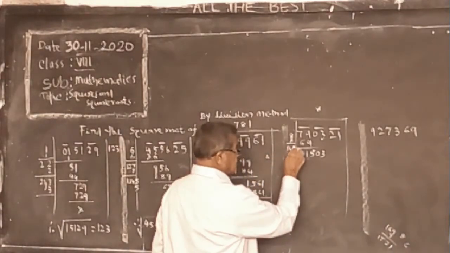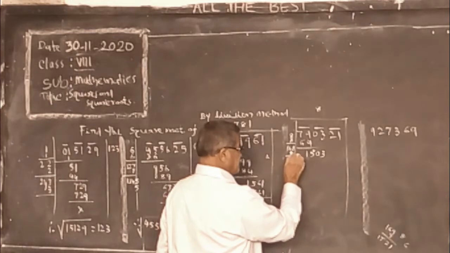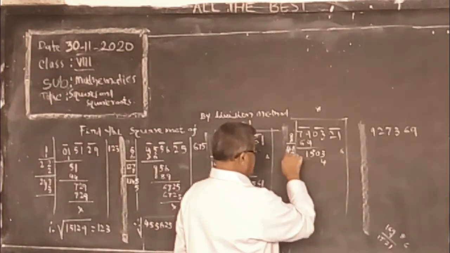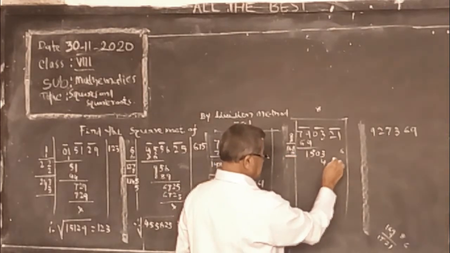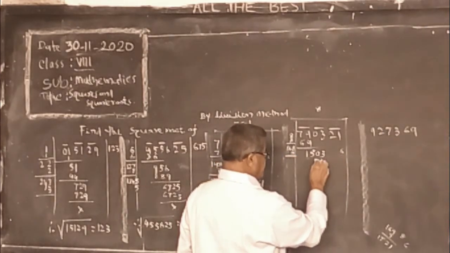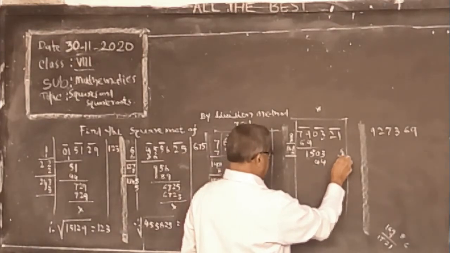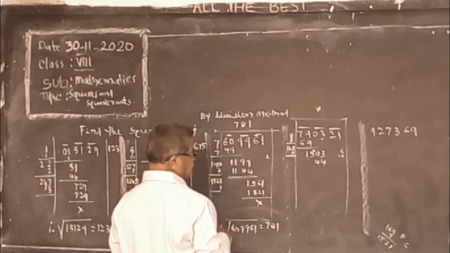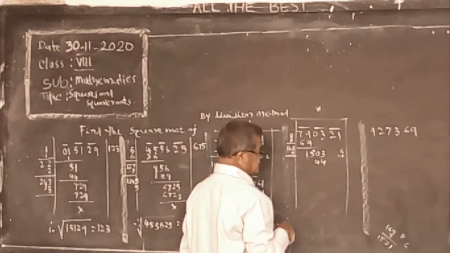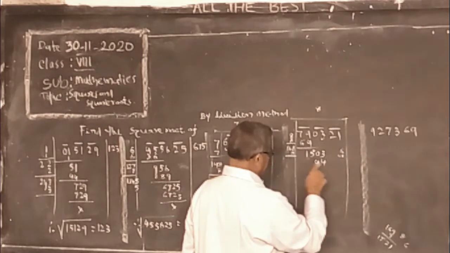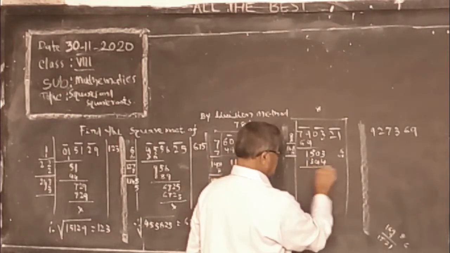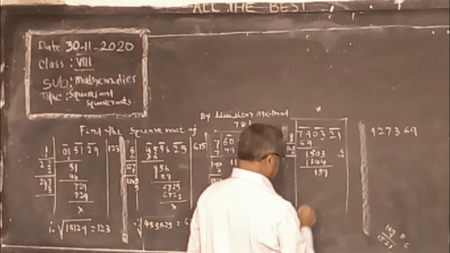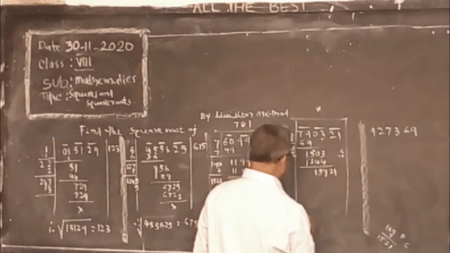Not going, so 8s are going. 9s are not going means 8s are. 8 8s are 64, 48, 54, 48, 6. 8 8s are 64, 8 6s are 48, 48, 6, 54, and 8 5s are 30. Now this is 9, 9 minus 4 is 5, 4 minus 3 is 1, and this is 21.